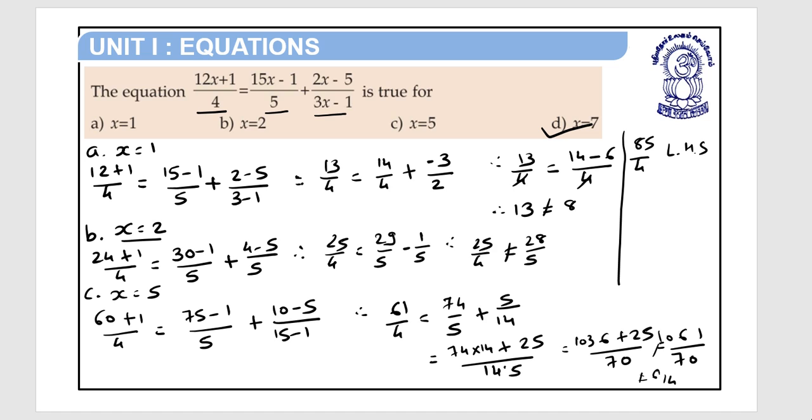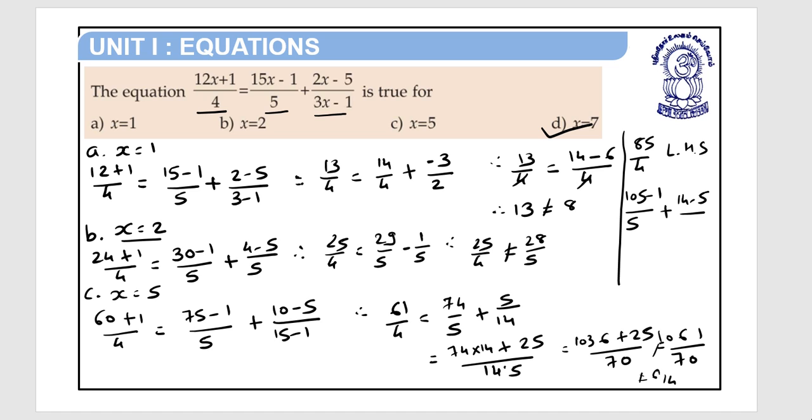For RHS, 15 sevens are 105 minus 1 by 5 plus 7, 2 sevens are 14 minus 5, 3 sevens are 21 minus 1.